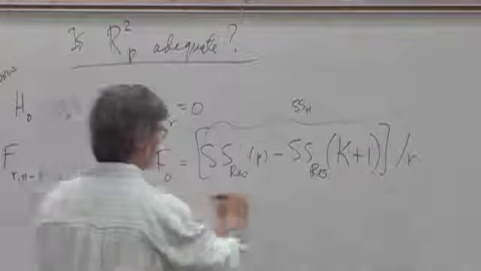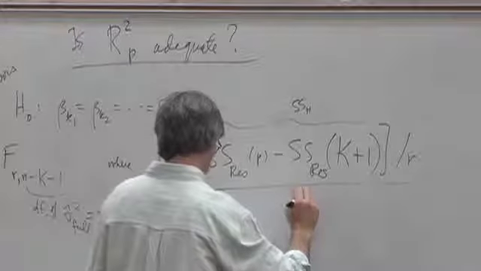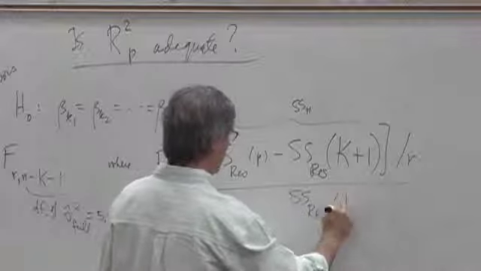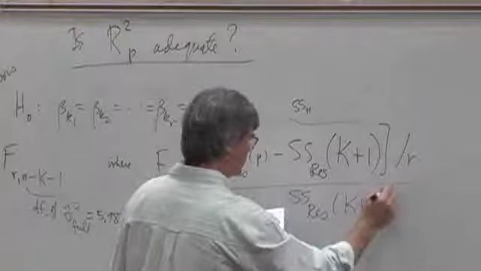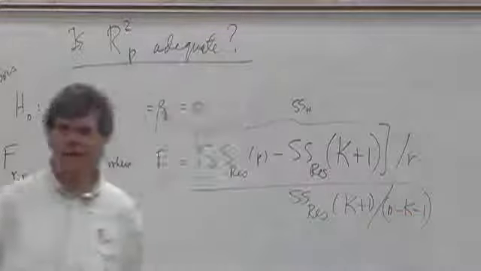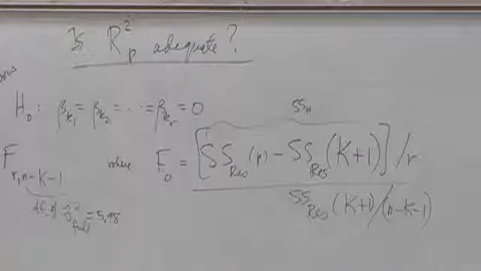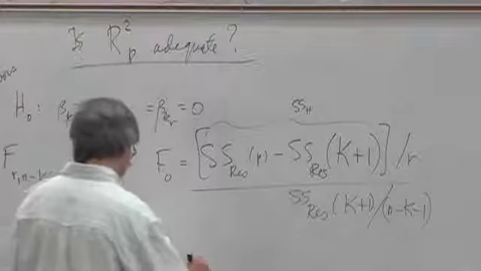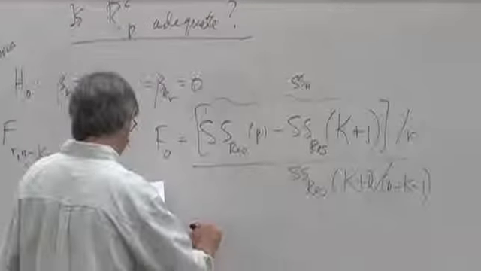All divided by my sigma hat squared full, but I'm going to write it as SS res K plus 1, because I'm going to do some algebra, divided by n minus K minus 1. It's ugly, but not difficult algebra, because all of the notation is just plain ugly. So that can be rewritten, believe it or not. I think I won't go into the details on this. This is an algebra exercise.